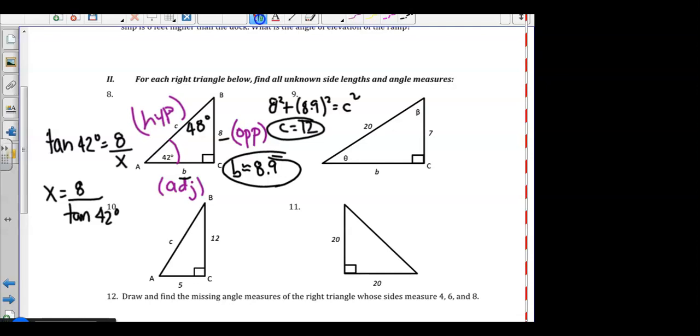Now let's just talk about in number 10, we're only given one angle. So let's talk about how we would find the measure of reference angle A. Recall that we have to use our inverse trig functions. So according to where that reference angle is, I'm given the opposite side and the adjacent. So I can actually do tangent inverse of 12 divided by 5.